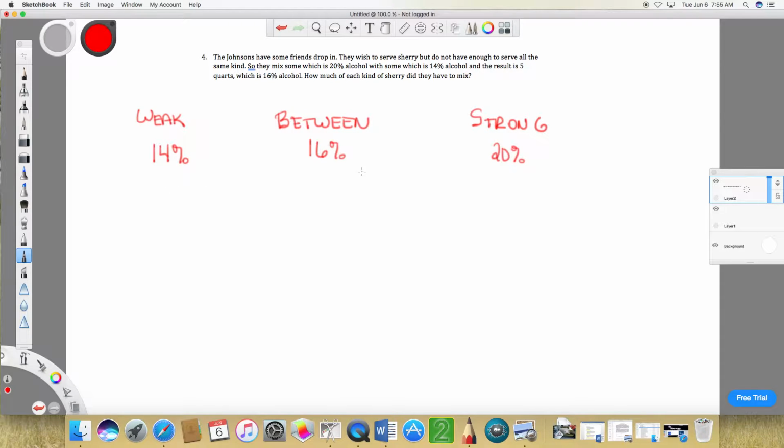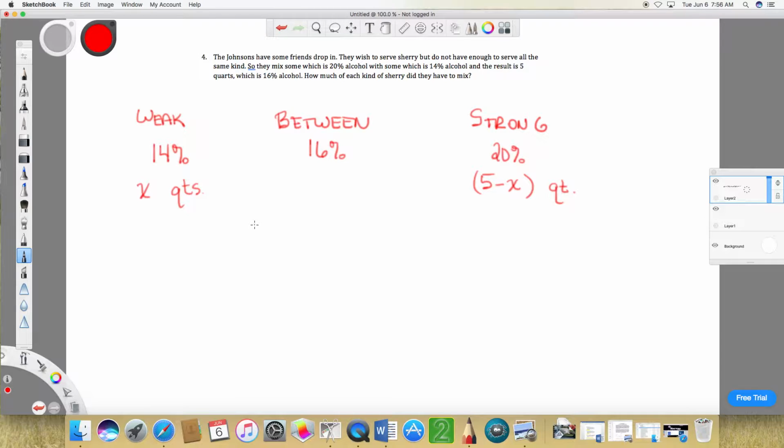I can't remember which one that we called X, so I'm just going to call X the volume that I have in quarts of the weak solution, and the strong solution was 5 minus X because the total amount was 5 quarts.